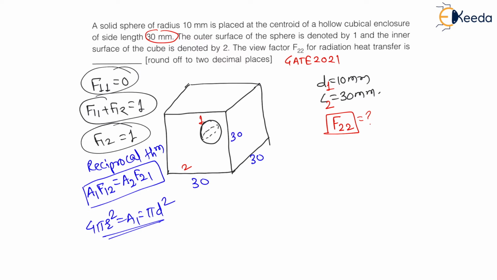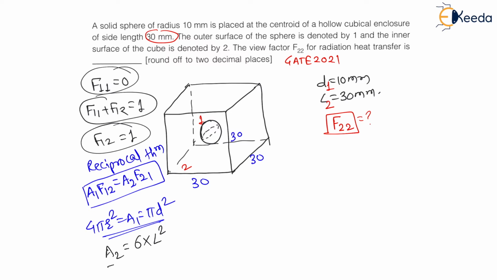And my dear students, for this cube, all the 6 faces are subjected to radiation heat transfer between the sphere and the cube. Therefore, the area of one face is L square, L into L. For 6 faces, we can say A2 will be equal to 6 into L square.